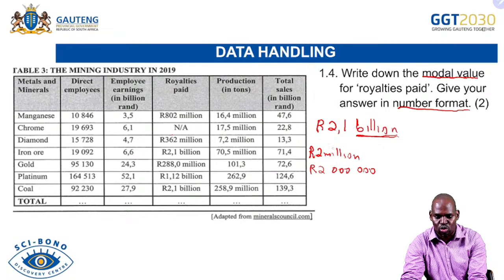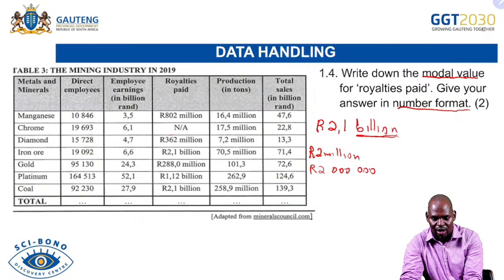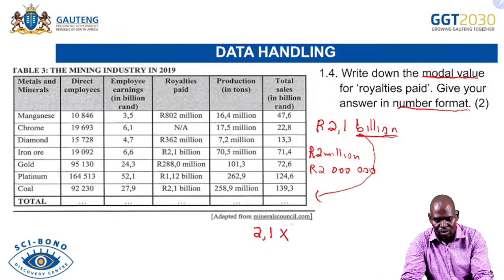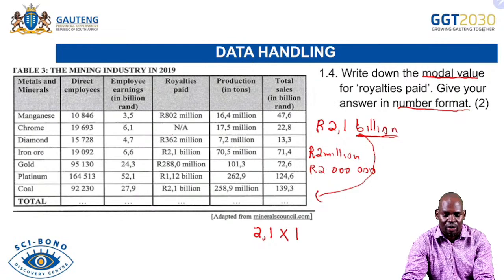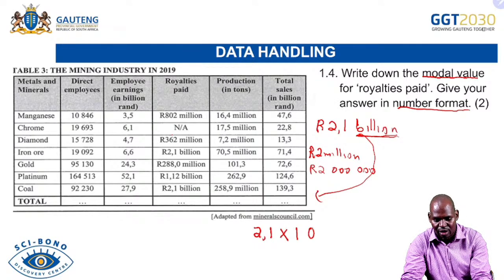You just take 2, you multiply by 1 million. So for this one, we take that 2.1, then we multiply by 1 billion. A billion is 1 and 9 zeros.